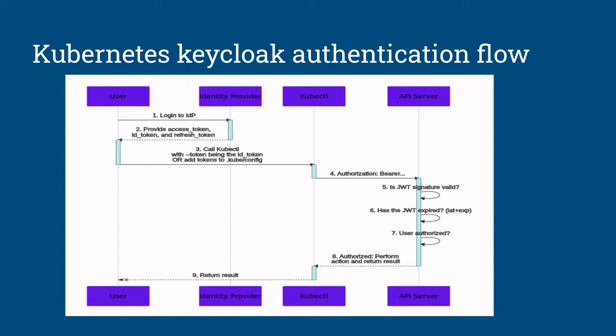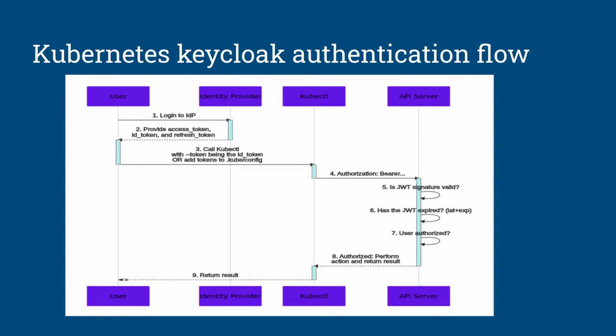So this is the high level flow diagram which we can get from the Kubernetes documentation pages. As you can see, the user authenticates with the identity provider and is provided with 3 tokens, and from these, the ID token is the important token, which contains the user details or authentication details. This token we are going to use in the kubectl configuration to send the request to the Kubernetes API server.